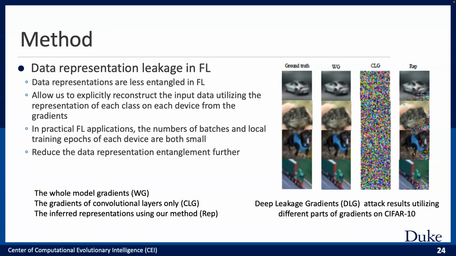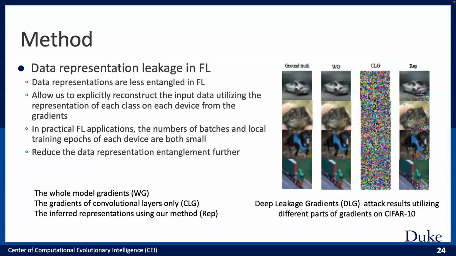Also, in practical federated learning applications, the number of batches and the local training epochs is small, and a small number of batches and local epochs induce less representation entanglement. So based on this analysis, if we have an algorithm that can extract the class-wise features from each device's uploaded updates, it could very efficiently show the leakage of information.